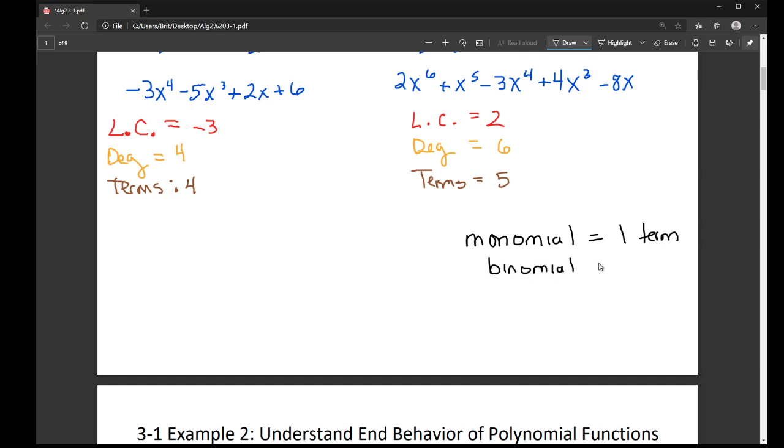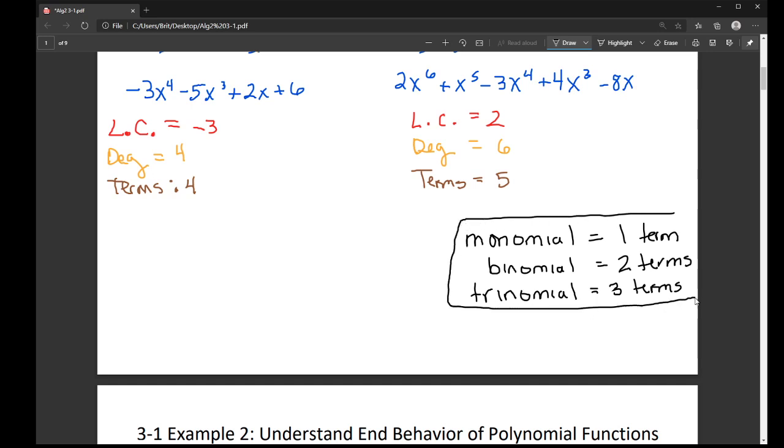A binomial is 2 terms. And a trinomial is 3 terms. So those are some specialty words that Savvas doesn't tell you about, really, I don't think. But we use them all the time in math, so I wanted to make sure you've seen them before.